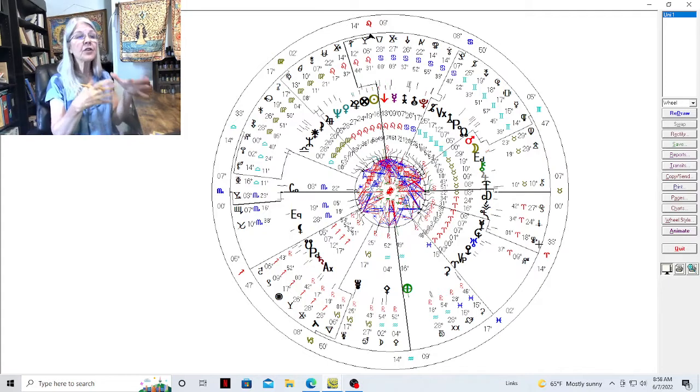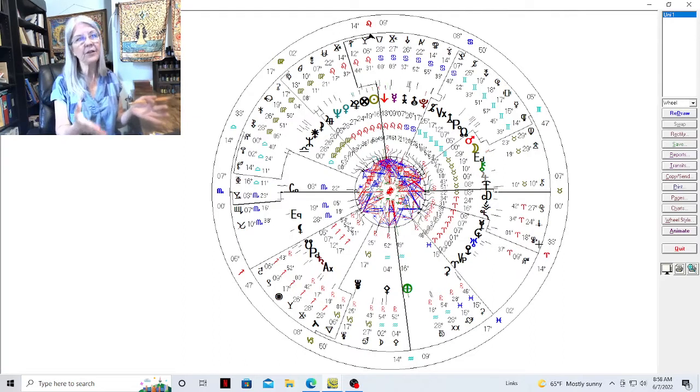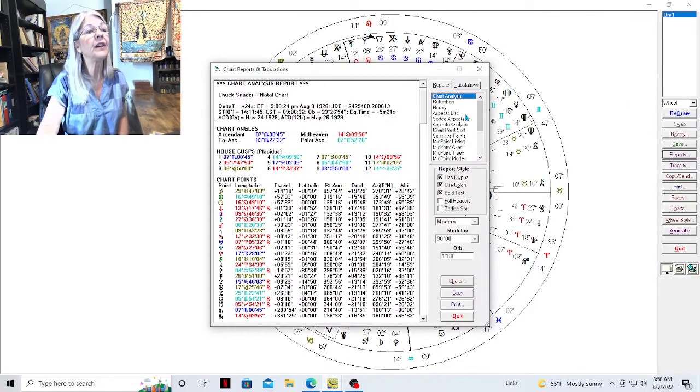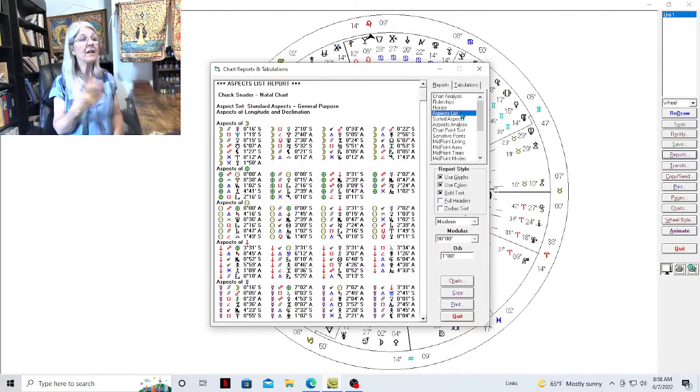So there are certain things, but we're going to look at them through the dial, because I think that might be easier for us, since the chart is not going to be accurate due to not having a really good time. Yes, we could still go into our reports and pull up an aspect list, okay? But I'm not going to say that we're going to find what we're really looking for here.